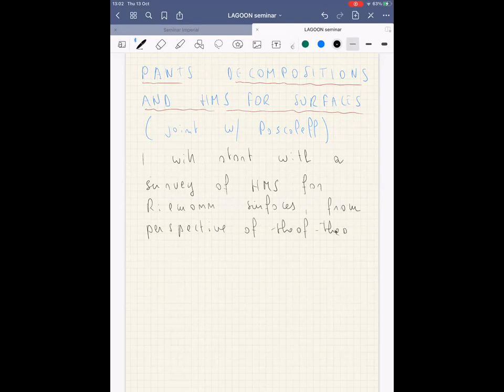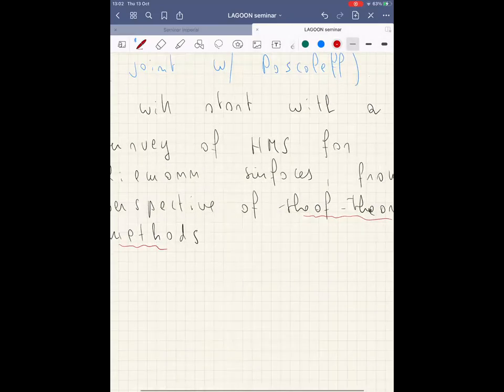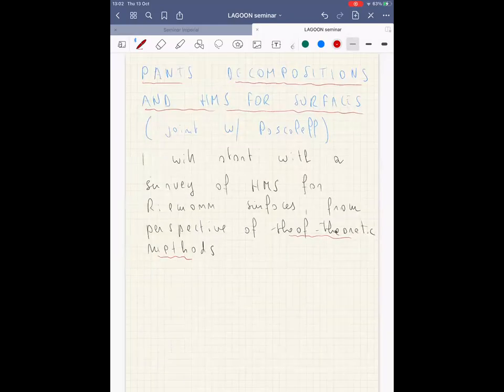Sheaf-theoretic methods. What does it mean? Well, I'll enlarge actually my slide in a second.